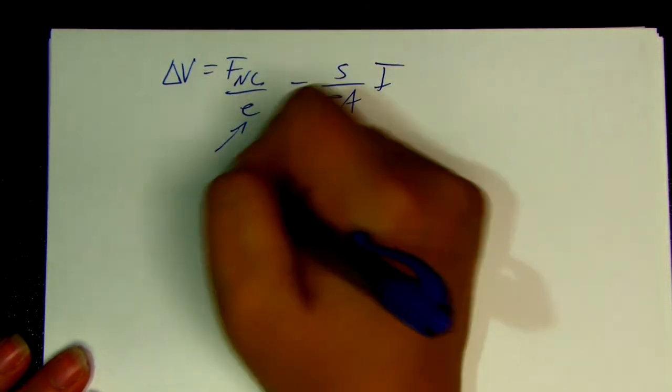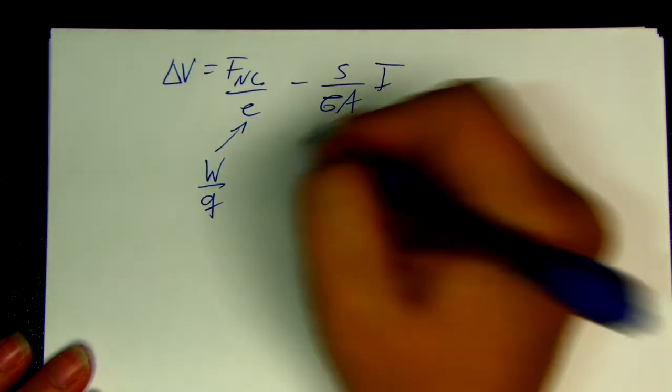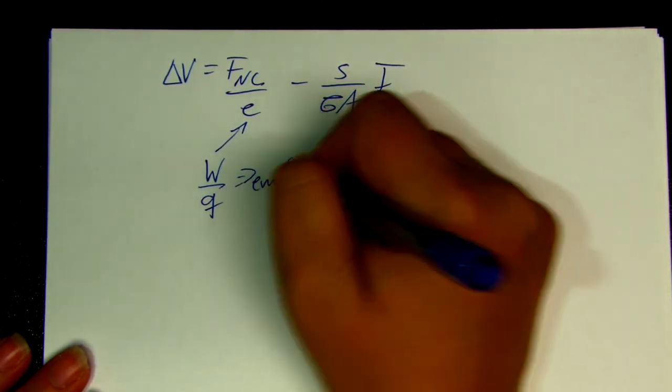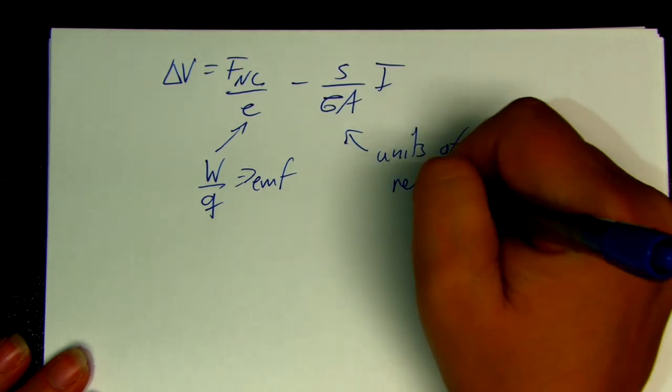So here you have work divided by charge, which is EMF. And here you have units of resistance.